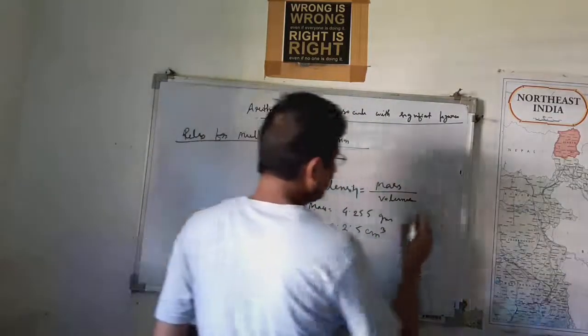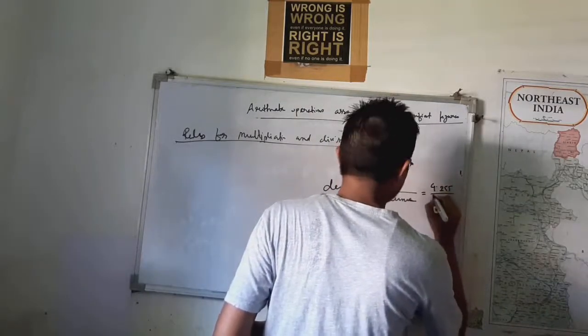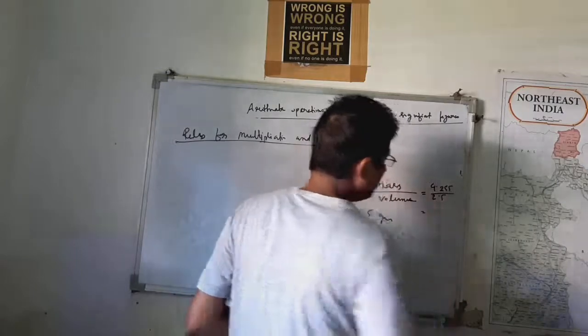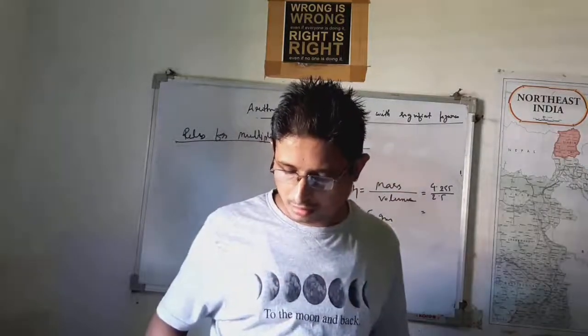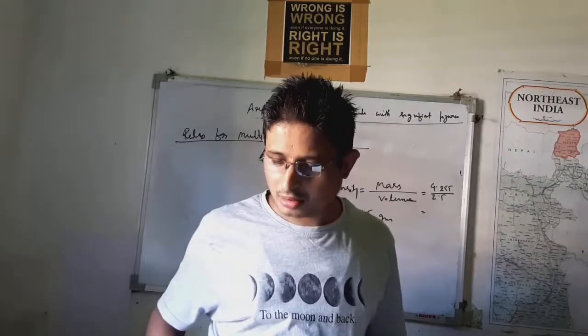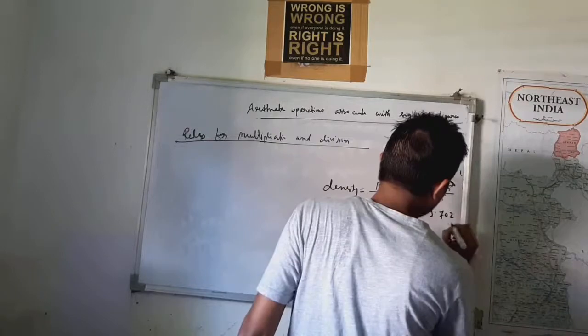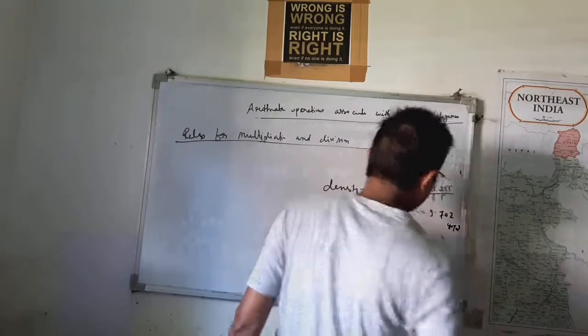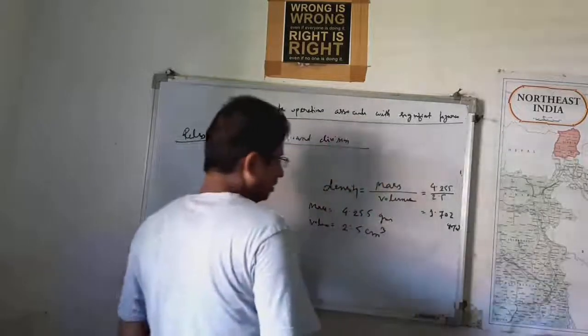Then density equals 4.255 by 2.5. So its value is 1.702 gram per centimeter cube. The unit here is gram per centimeter cube.